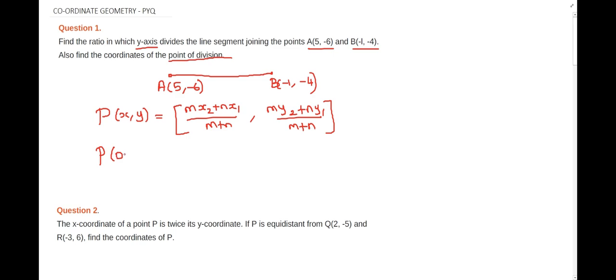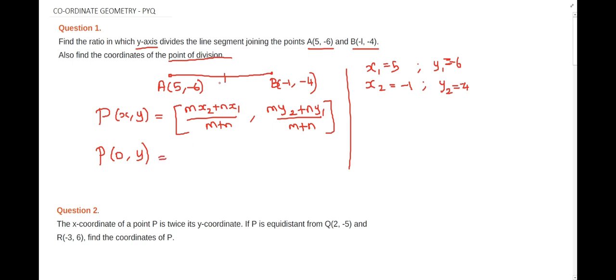So you can assume it P(0, y). So we know x1, y1, x2, y2. Here x1 equals 5, x2 equals -1, y1 equals -6, y2 equals -4. These are the given points. Just apply in the formula.